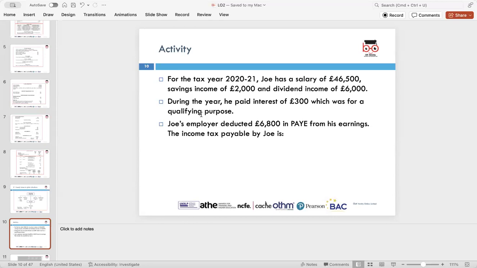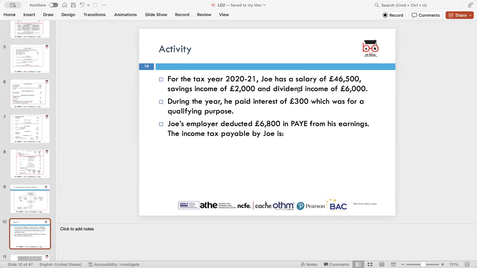So to calculate Joe's income tax, we need to break down his income into different components: non-savings income, savings income, and dividends. Non-savings income includes Joe's salary and any other income that is not from savings or dividends.